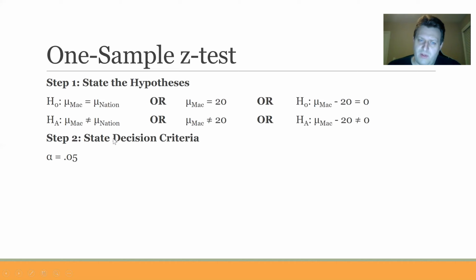All right, let me talk a little bit about what this means here. There's 2 types of errors that we can make in null hypothesis significance testing, a type 1 error or a type 2 error. Type 1 error is when the null hypothesis is indeed true, and it's the error that we reject the null hypothesis. We say that there's an effect, when in actuality there is absolutely no effect.